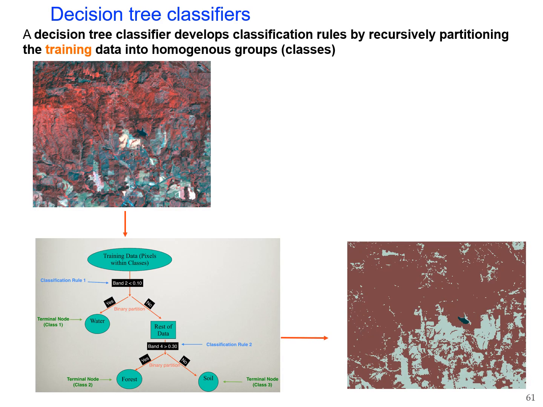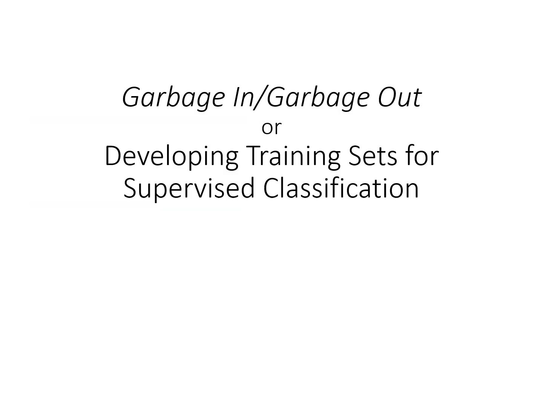So you start with an image, you take the individual bands and generate training data, or take the training data and the rules that were generated, and follow the rules for each one to get at each one of the final nodes. So you wind up with an area of water, an area of forest, and an area of soil. Straightforward.